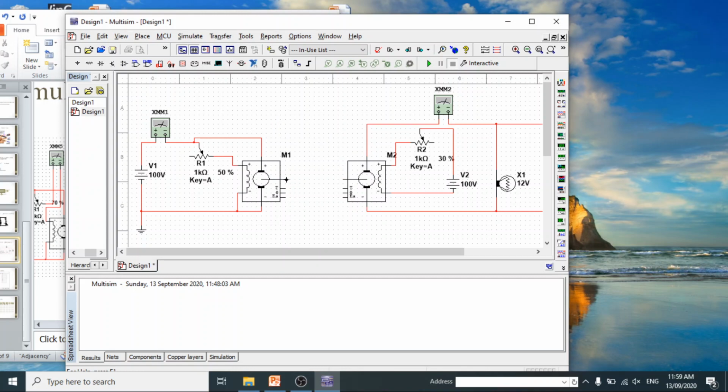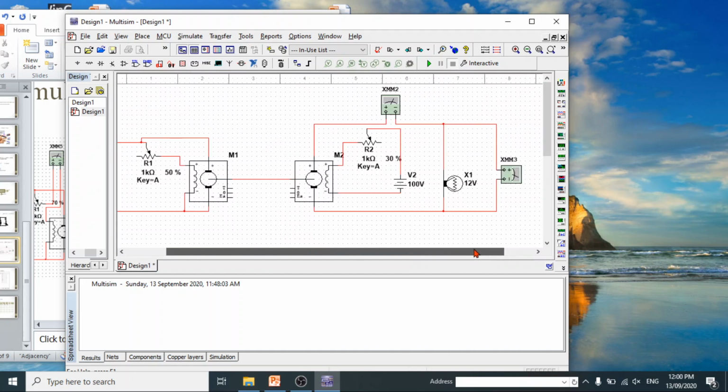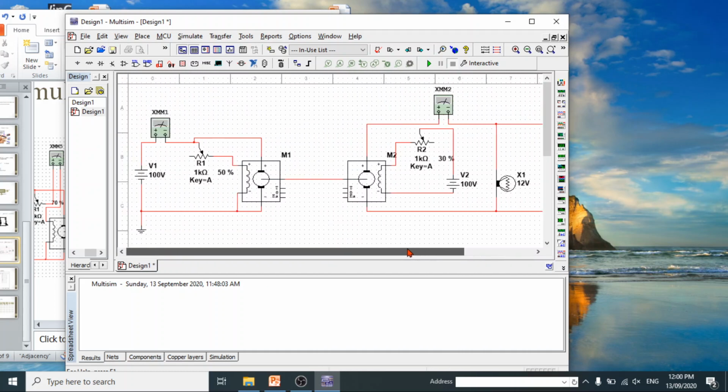And then we try to couple the shaft of the motor to the generator. So we have now the setup for the generator and motor.